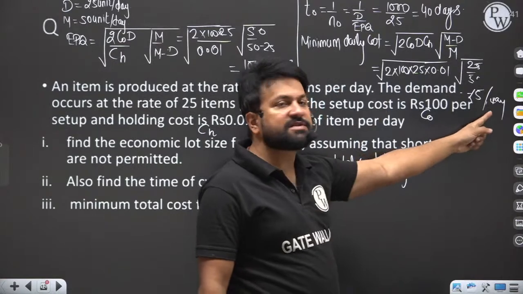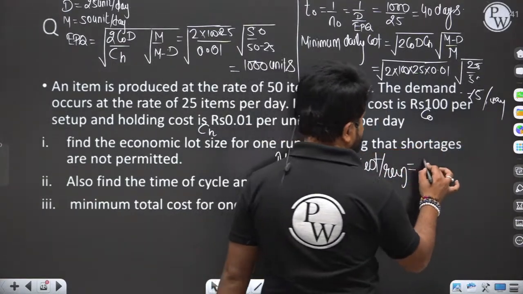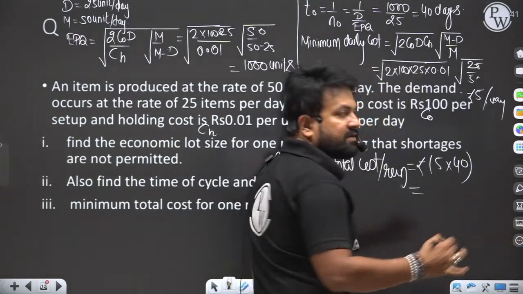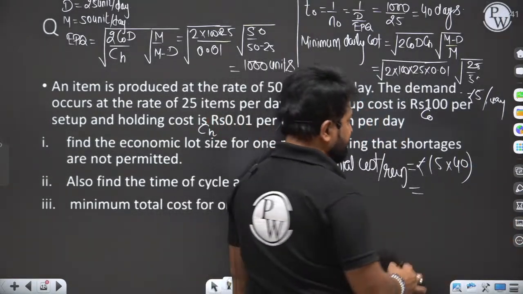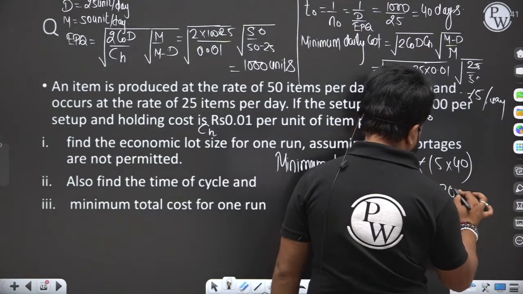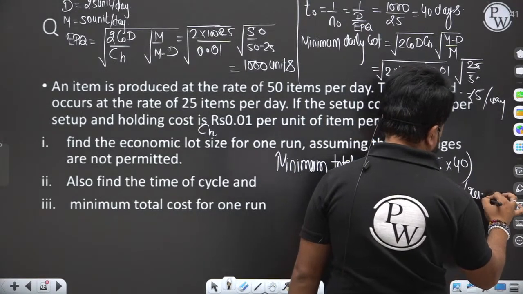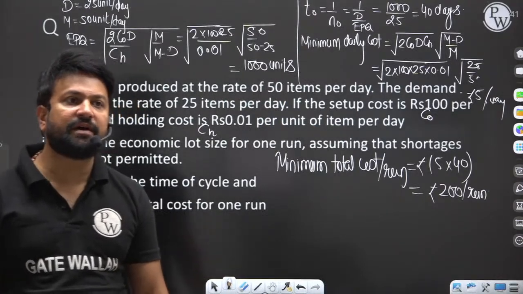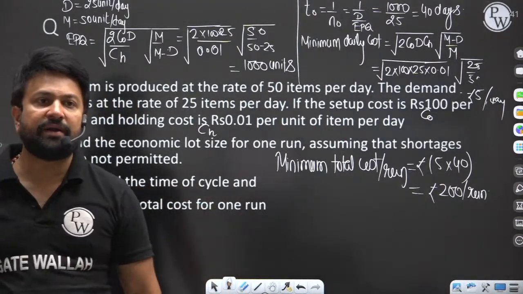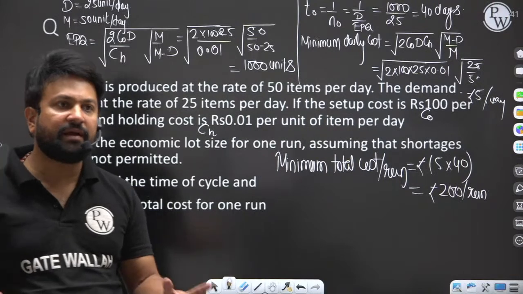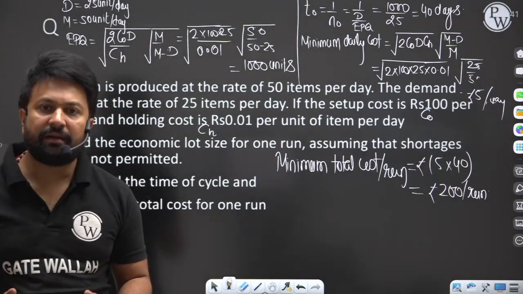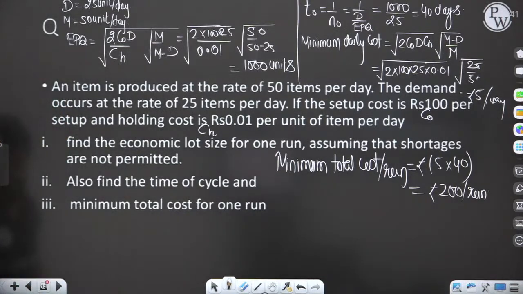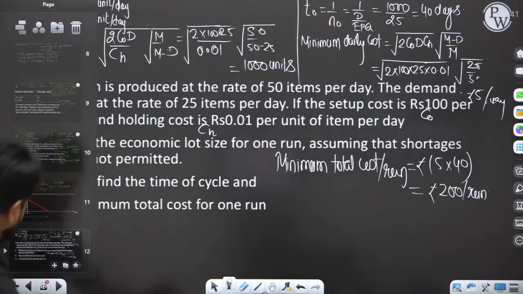And the daily cost is 5 rupees. So 5 into 40, this is 200 rupees per run. To run a cycle, you need 200 rupees. Am I clear? Yes or no?